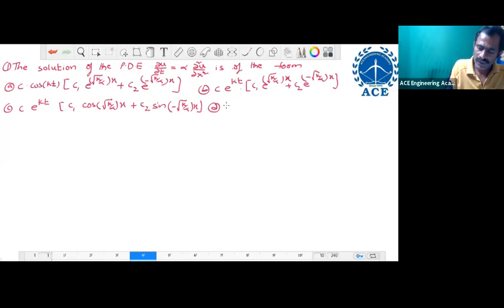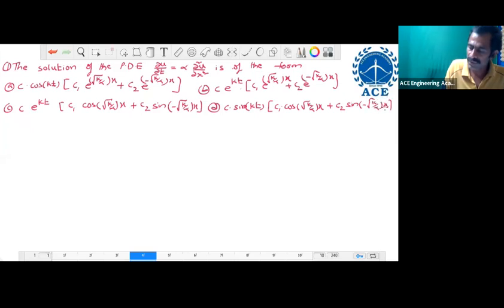Option D, C into sine kt into C1 into cos of under root of k by alpha x plus C2 into sine of minus under root of k by alpha x.